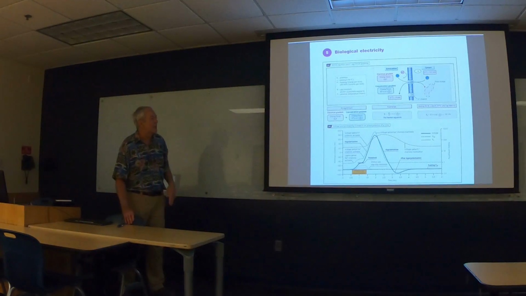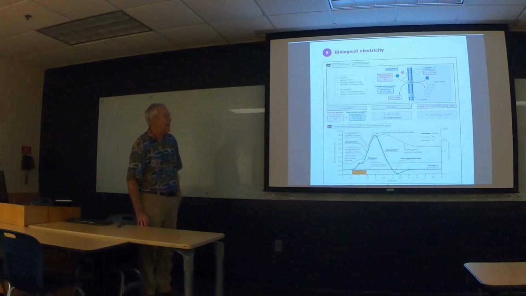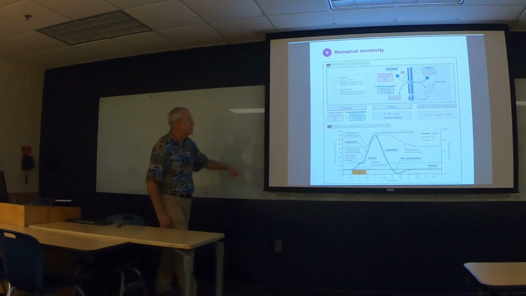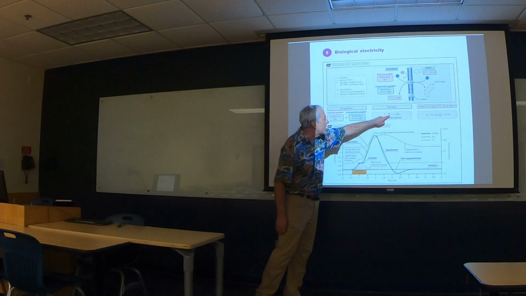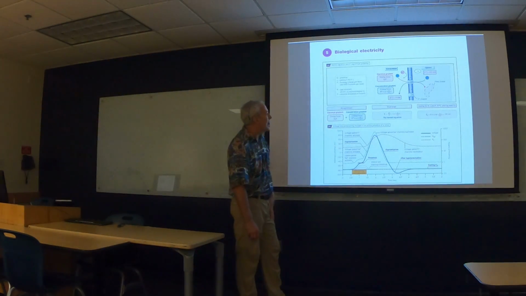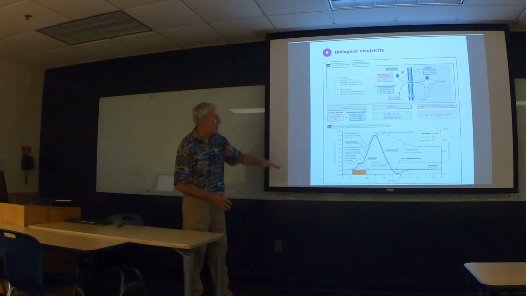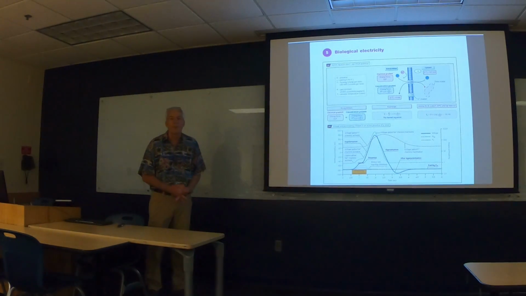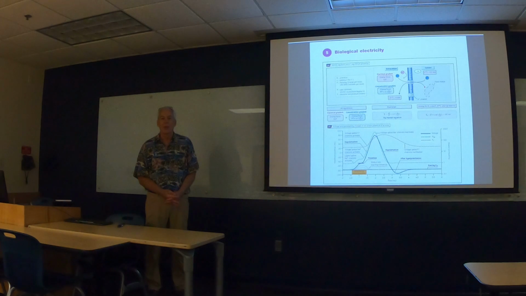All right, so this is just a rehash again of what the Nernst potential is, and this diagram shows the Nernst equation, and the diagram below is just the diagram we just went over. So remember again, the Nernst potential is telling you, typically you're looking at the ion concentrations, which have been set up by the sodium-potassium ATPase.